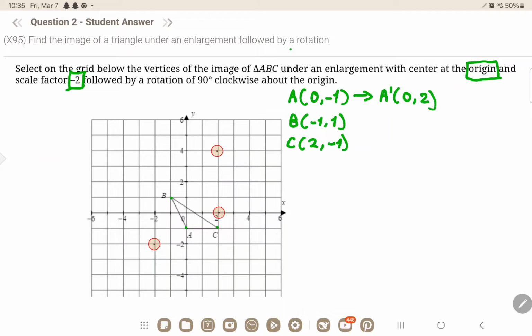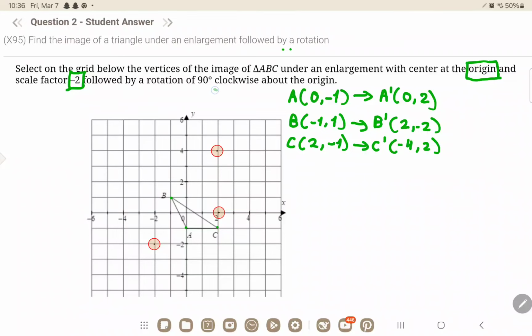I'll give you the other long formula for dilation not around the origin later. So first let's do the dilation or the enlargement for all the points, then we'll do the rotation. Now B prime is -1 times -2 is 2, 1 times -2 is -2. Now C prime is 2 times -2 is -4, and -1 times -2 is 2. So that's all your points after the enlargement.